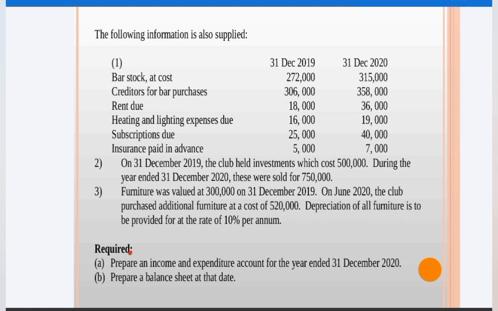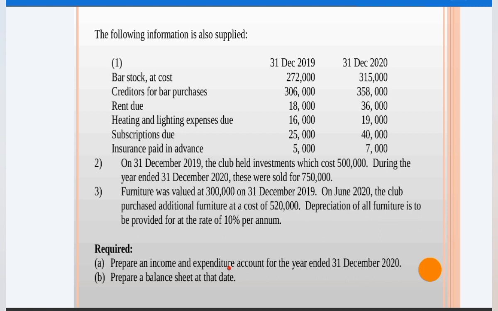So we are required to prepare an income and expenditure account for the year ending December 2020 and a balance sheet as at that date. The first thing you should do is to determine the accumulated fund, which is equivalent to capital.